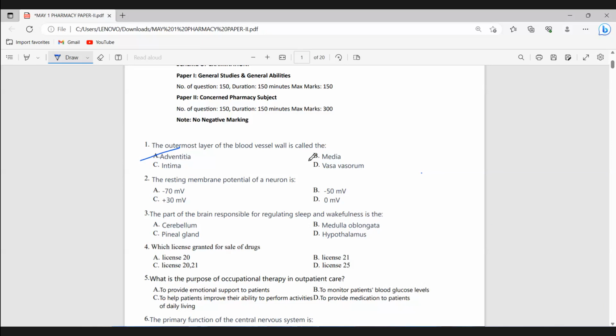Then coming on to our third option. Intima.